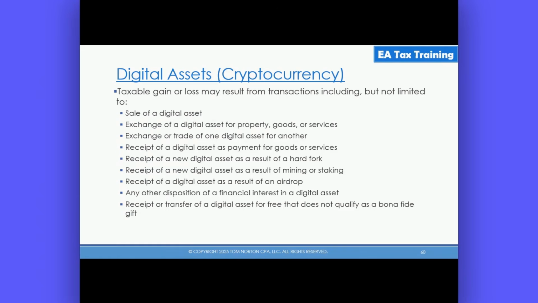Receipt of a digital asset as a result of an airdrop, any other disposition of a financial interest in a digital asset, and you have to pay tax on the receipt or transfer of a digital asset for free if that does not qualify as a bona fide gift. So if you have an actual real gift, then you wouldn't have to pay tax. But if you are receiving this digital asset for free and it is not a bona fide gift, then you would, in fact, have to pay tax on that.